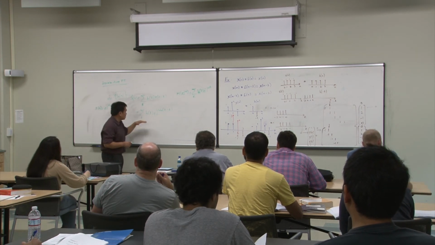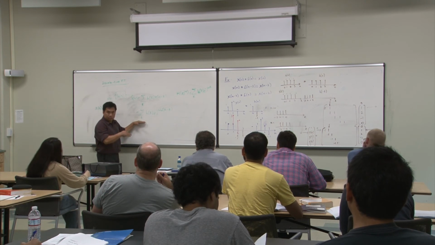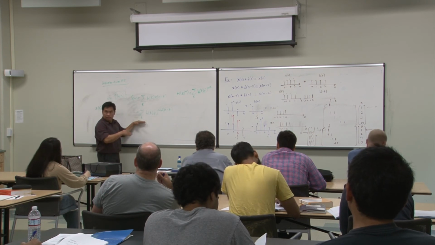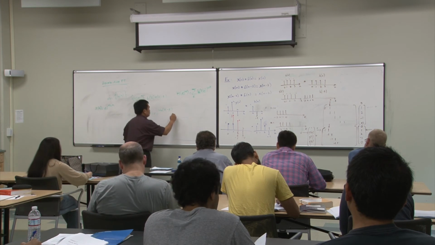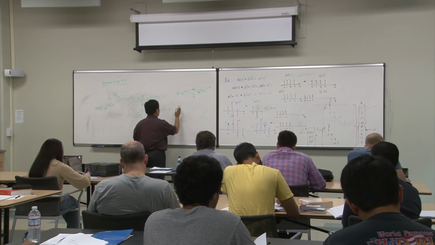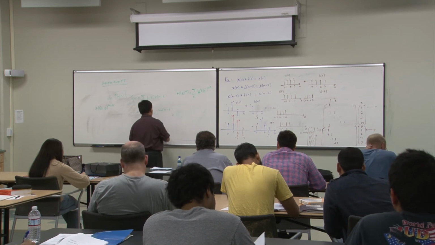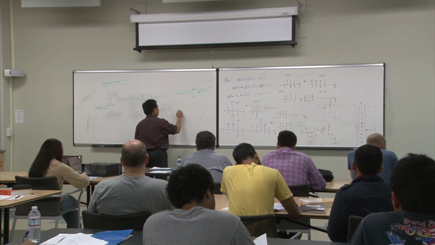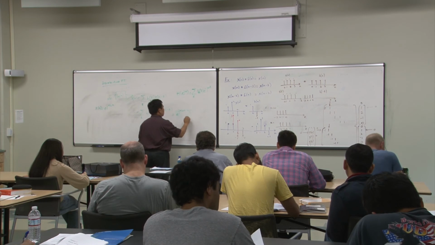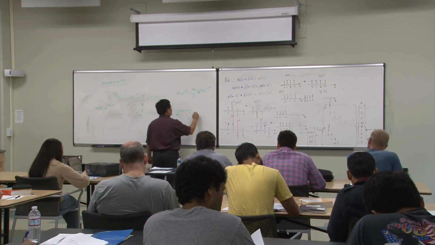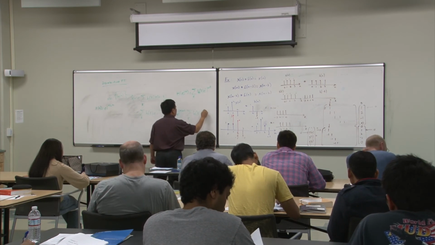And the third depends on k, and can be pulled out. Agree? So it's going to be e to the j omega naught n, summation in k, x of k, e to the minus j omega naught k.